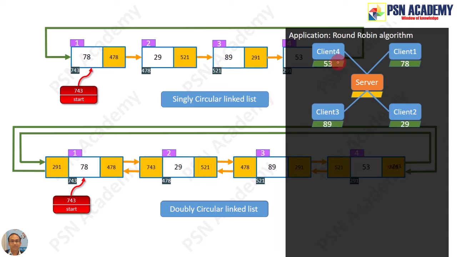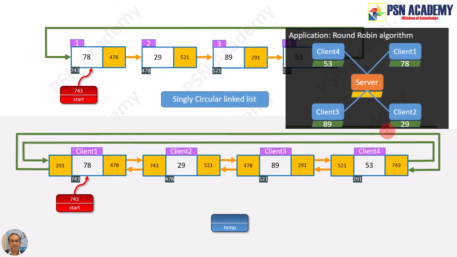Suppose client 4 has a machine address 53, and client 1 has address 78. These are all machine addresses, okay? Now you see here, these are the 4 clients, client 1, 2, 3 and 4.